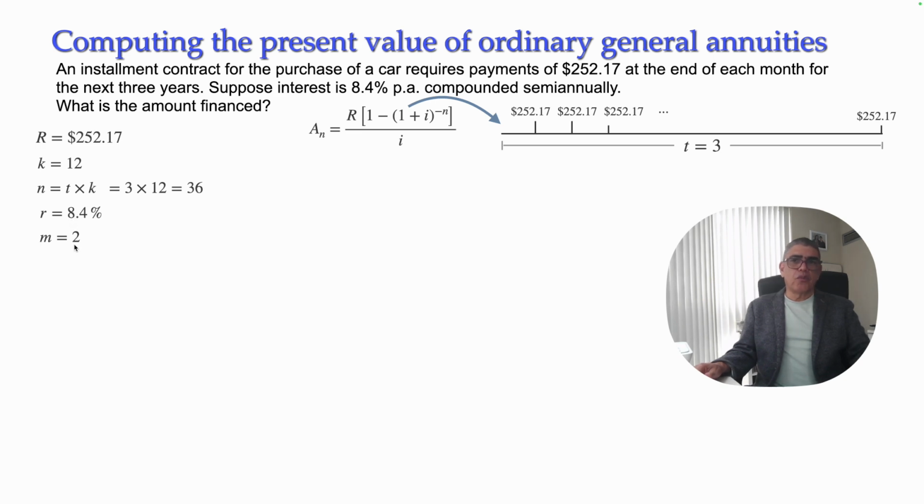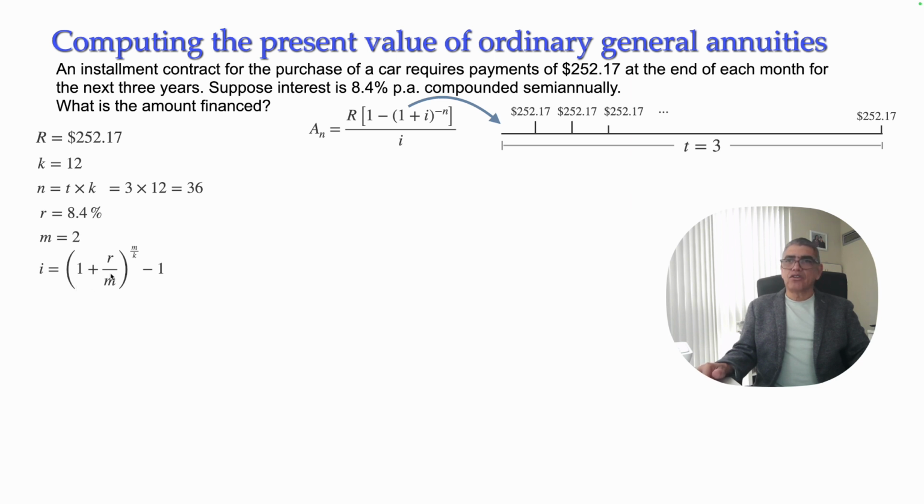Then we use the formula for computing i, the periodic rate of interest compounded the number of payments per year. This is the i that we need to put in the formula: i equals 1 plus r over m, to the power m over k, minus 1. M is the number of conversion periods per year, k is the number of payments per year, and r is the nominal rate of interest.